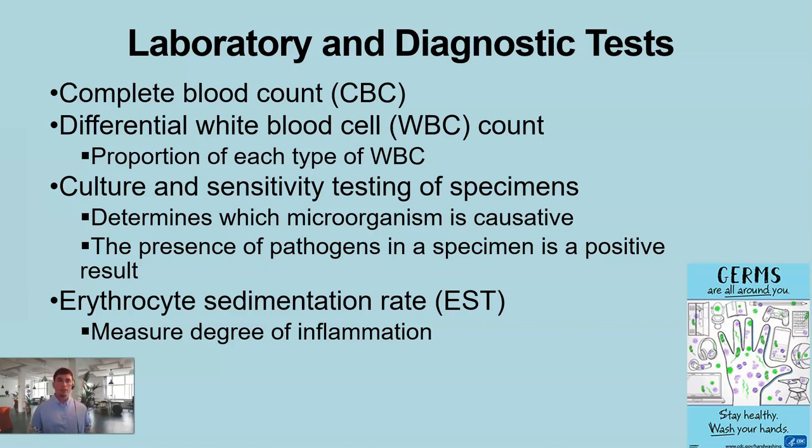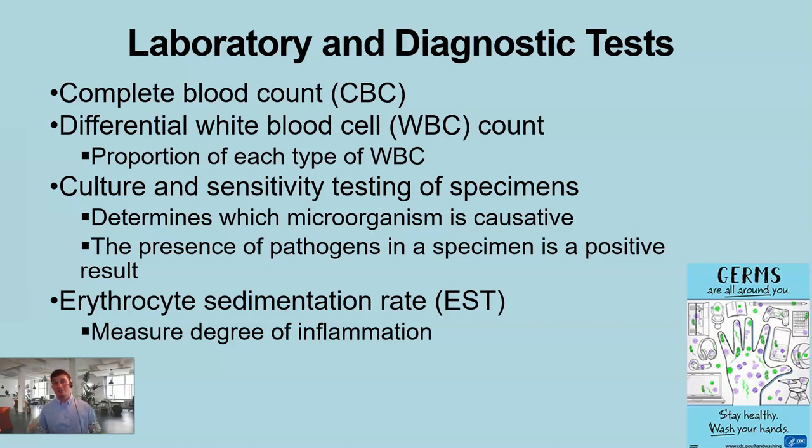The differential white blood cell count is the type of white blood cell in a sample of 100 white blood cells. It helps determine whether the body is mounting a proper immune response to an infection.